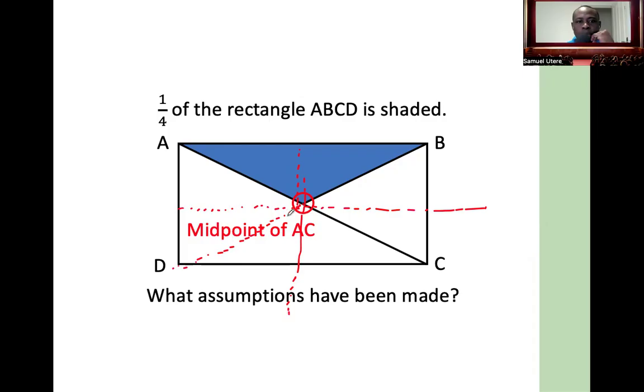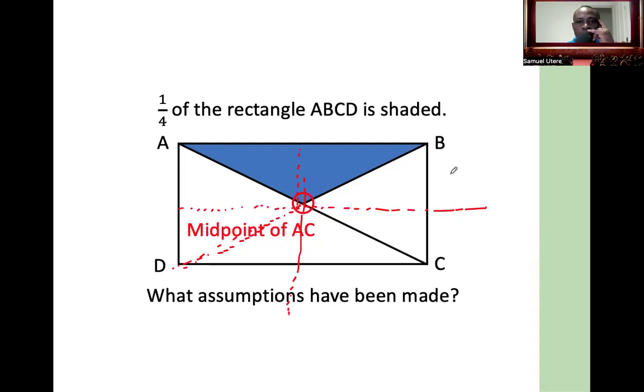Well, I haven't done it actually properly, but we can say, okay, that must be a quarter, because what we've done, we have successfully split this rectangle into 1, 2, 3, 4, 5, 6, 7, 8. Now, out of that 8, we have shaded 2 out of the 8 parts.